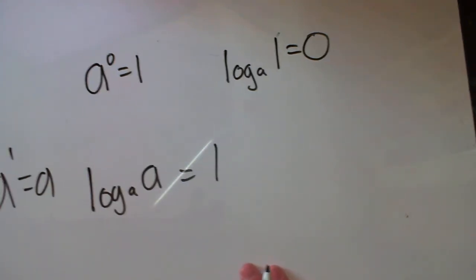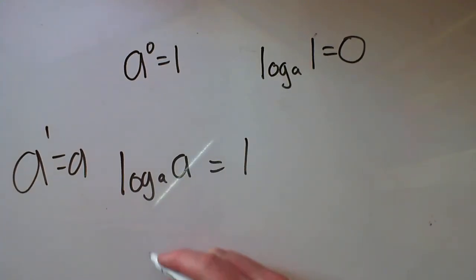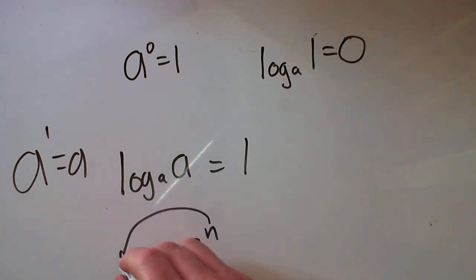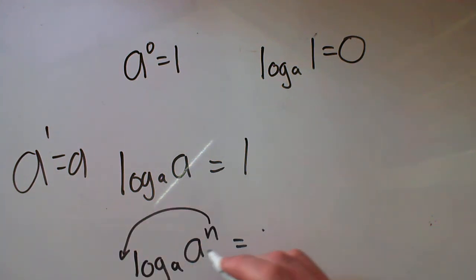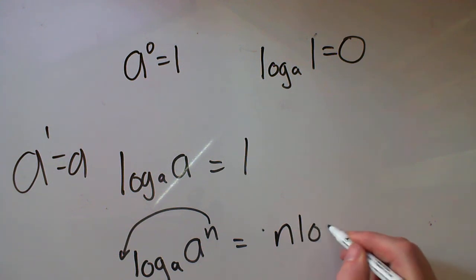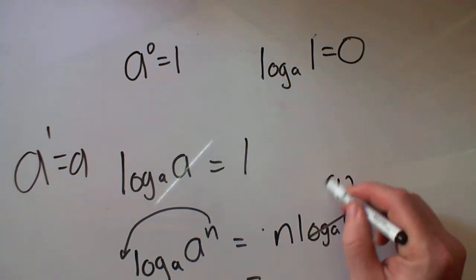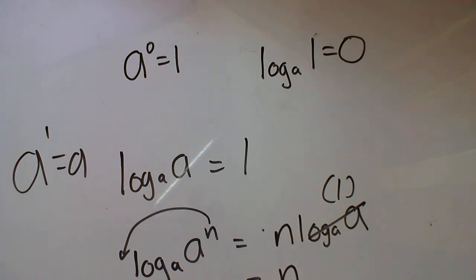And lastly, log base a of a to the n, if I swing that n down, then I get n log base a of a. Well, this is just a 1, and so that's just n.